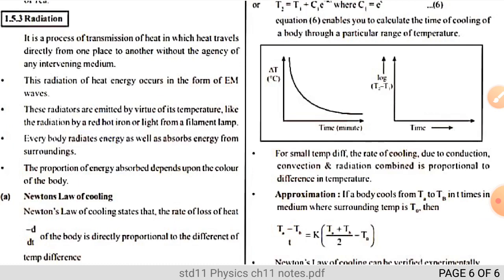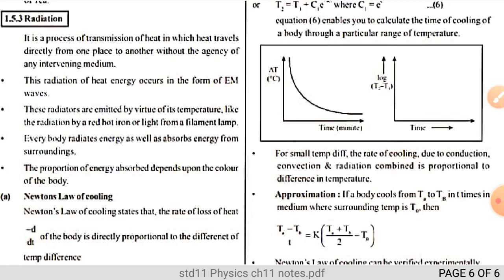Because of this radiation, that radiation contains heat energy, and that heat energy occurs in the form of electromagnetic waves, right? So because of this radiation, we get a heating effect on the earth because of the sun. These radiations are emitted by virtue of temperature, like the radiation by a red hot iron or light from a filament lamp.